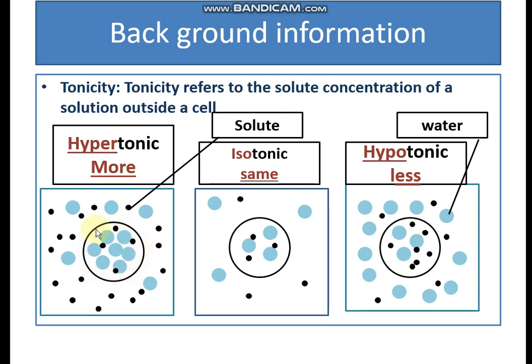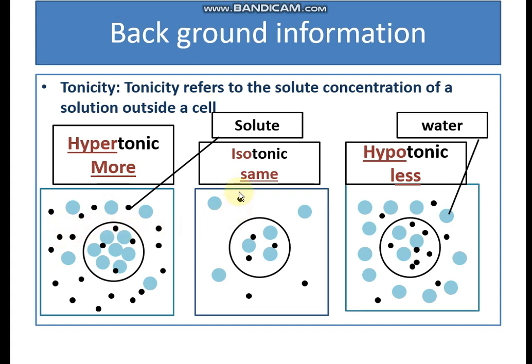This circle over here is representing the cell, while this is the extracellular condition. This is the condition of the solution. So in case of hypertonic conditions or hypertonic solution, there is more solute and less water outside, which means there is higher solute concentration and lower water potential.